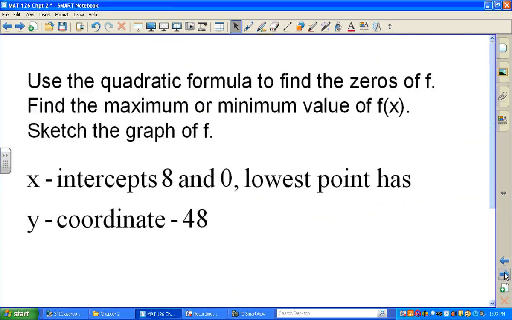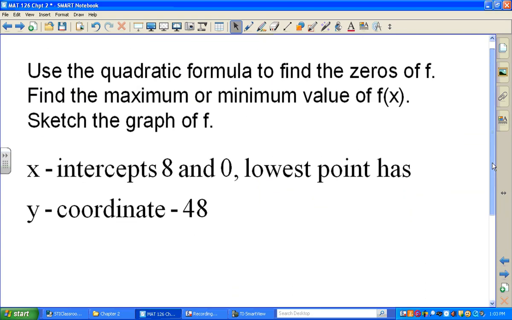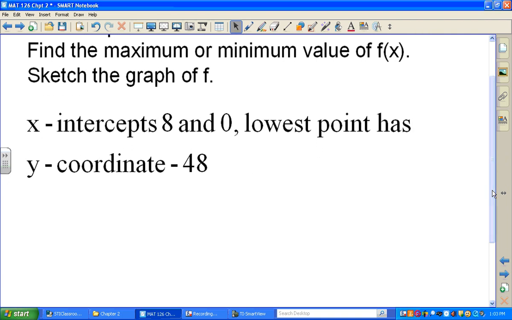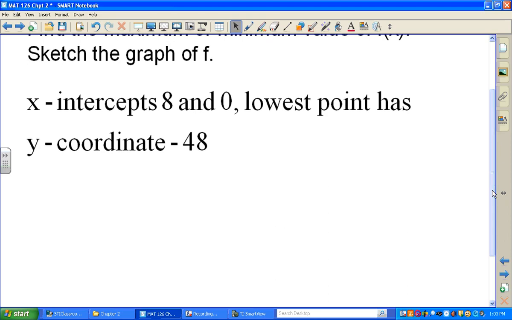But, yeah, I know. Anyway, use the quadratic formula to find the zeros of f, find the maximum or minimum. X-intercepts at 0 and 8. And the lowest point has a y-coordinate of negative 48. Oh, my gosh. I think I know what this does. Do you remember the last one? We had the x minus 1/2 squared, but we wrote it as 2x minus 1.